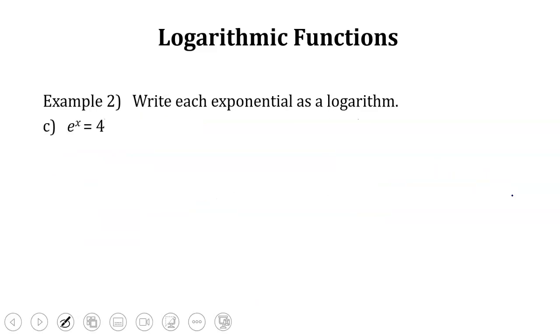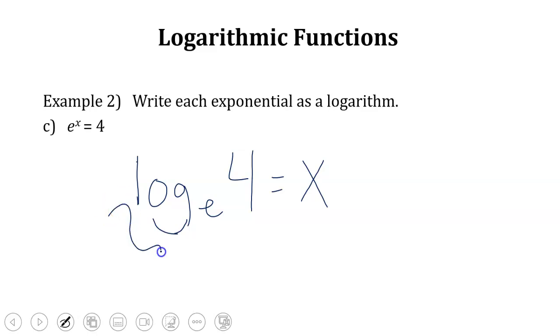All right, and then C. So I have log base. My base is e. Then the 4 equals x. Now a log base e, which we're going to talk about in the next video. When you have a log base e, this is also a natural log.